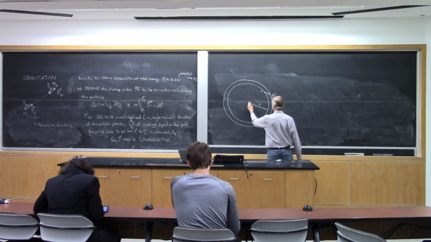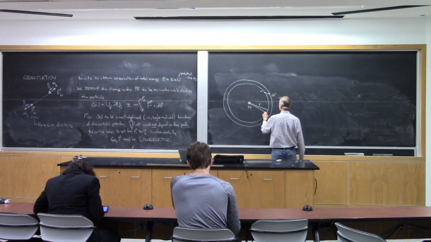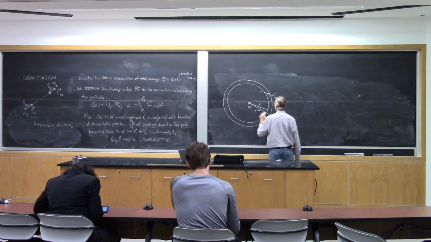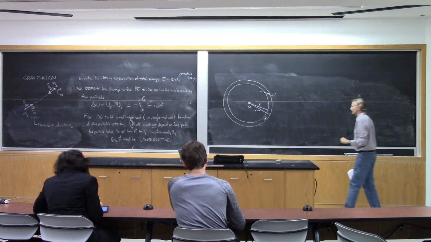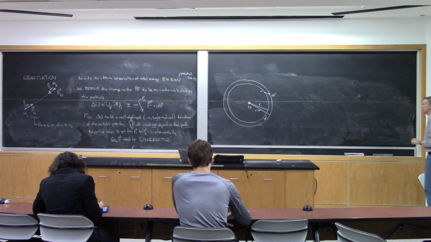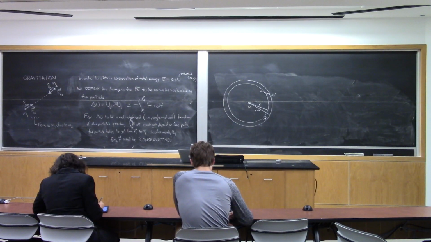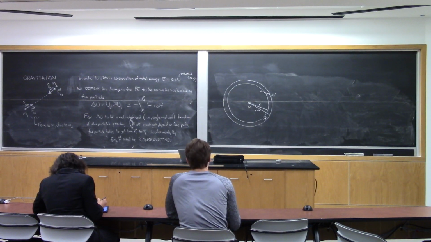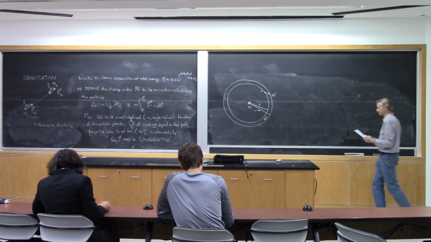So there's radius r, here's radius r plus dr. So notice that little m starts a distance r from big M, ends a distance r plus dr from big M, taking a slanted path to get there.